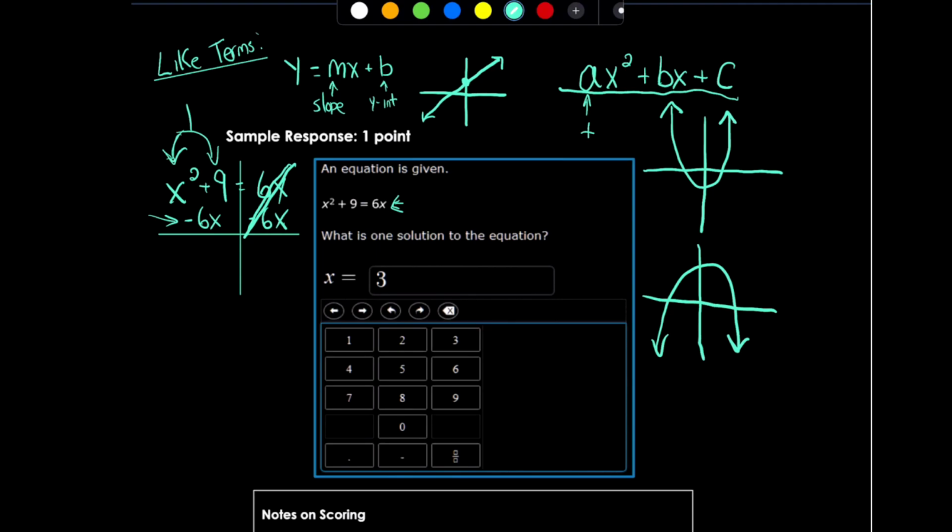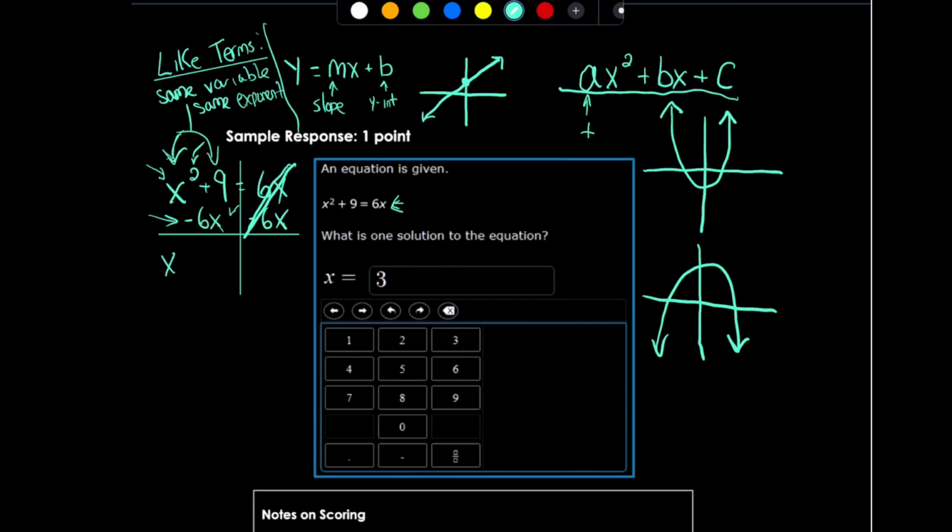But a like term has the same variable and the same exponent. Okay? So while this has an x and this has an x, there's an exponent of 2 here while there's no exponent here. So they can't combine.